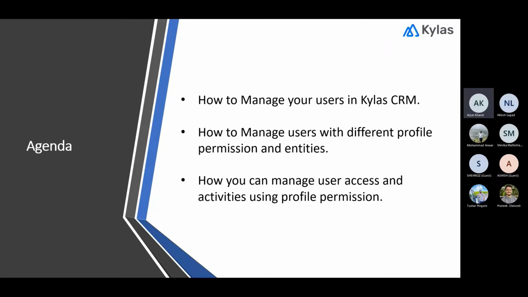Then we have also seen how we can manage our user and what activities they should be performing with the help of Kylas CRM, such as adding notes, creating tasks for them, or calling up to the user and creating meeting, or even sending emails to our leads.